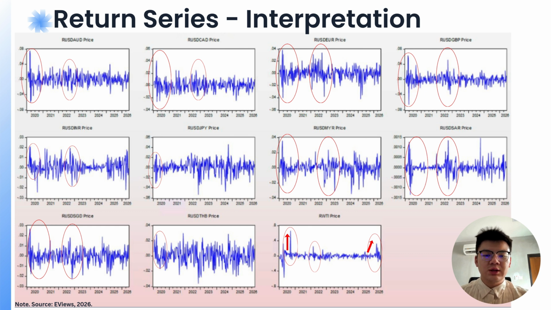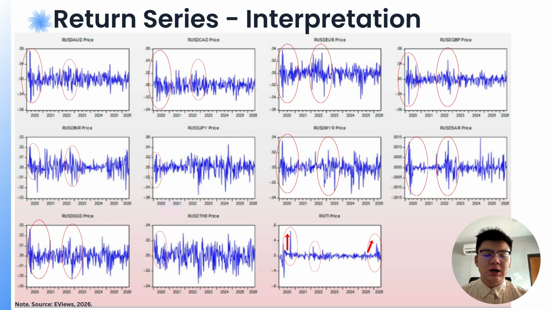So from the line graph below here, the overall patterns actually follow the same story as I mentioned before for the raw series. We can still see extraordinary spikes across all the forex pairs and also the oil price in 2020. Basically, it is the same story due to the COVID-19 shock as I explained earlier.